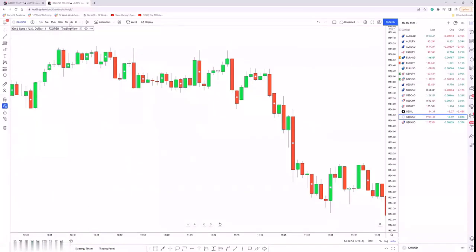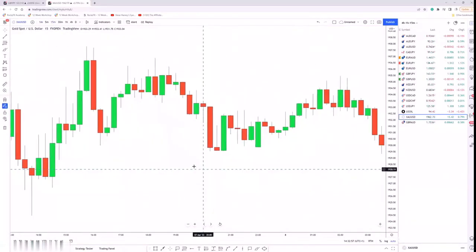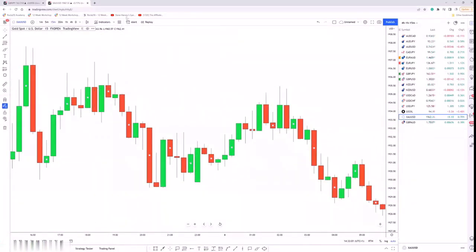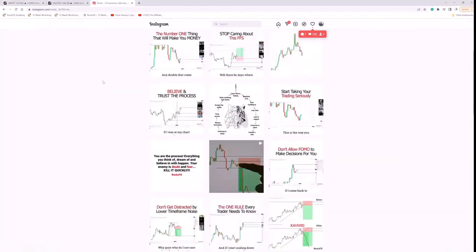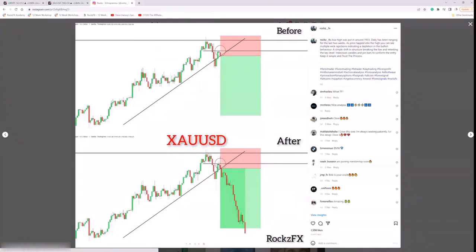I've got to line it up again now. Let me just pull some up here like this. I'll bring up a bunch of them. Can you see my screen? Most of the trades that you see me taking here with all of these beautiful patterns, you can see on Instagram.